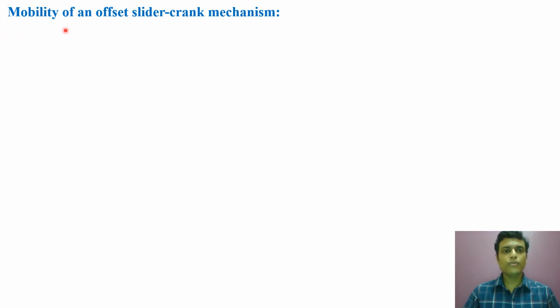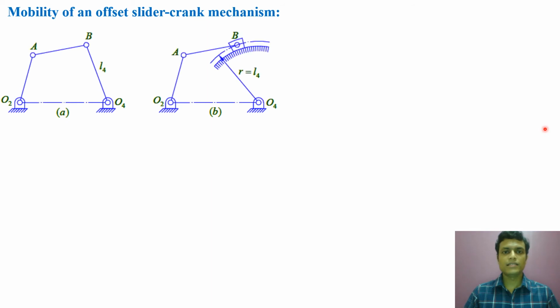Now if we can convert an offset slider crank mechanism into a 4-bar mechanism, then we can apply the Grashof law to it. So our objective is to convert an offset slider crank mechanism into a 4-bar mechanism, and both will give the same kinematics. Is it possible? Yes, it is possible.